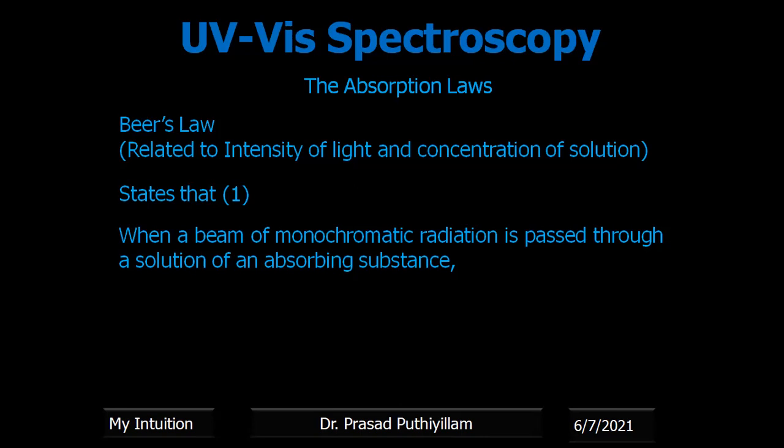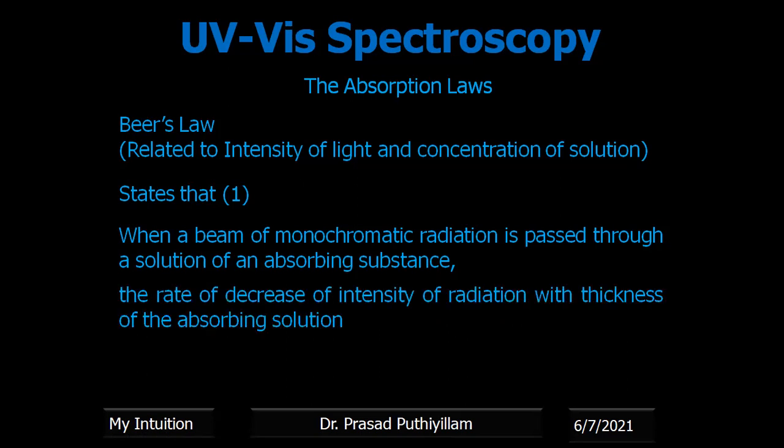We are not using the electromagnetic spectrum as such. A single wavelength of light radiation is used, and it is passed through a solution of an absorbing substance. That means the medium, the chemical or sample you want to analyze, is capable of absorbing.